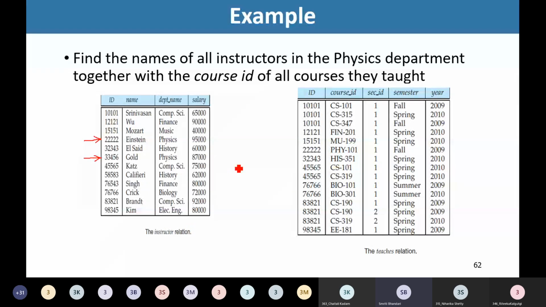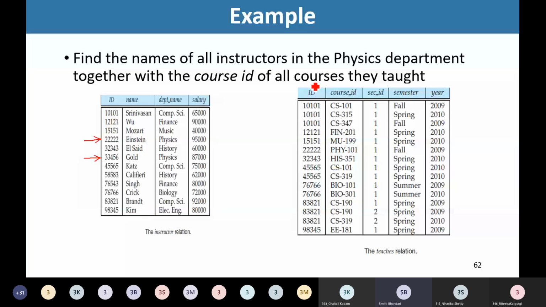And we want to refer to the teachers relation, wherein we have the information related to the courses they taught, right? So we need to look at the tuples meant for the instructors belonging to the physics department.